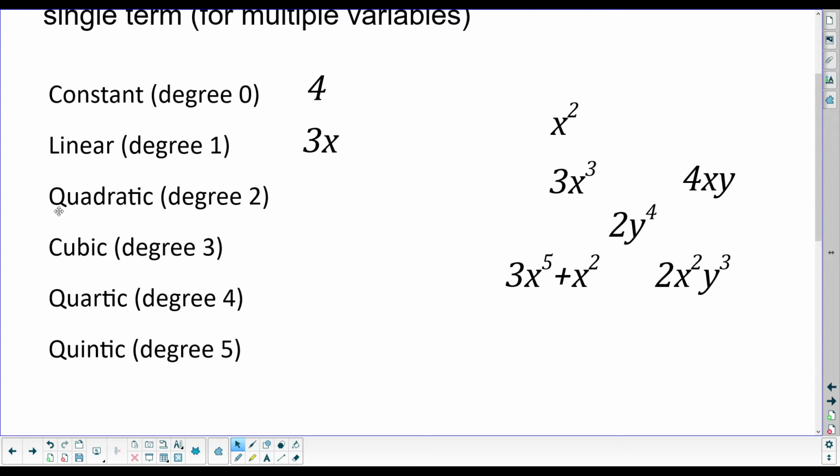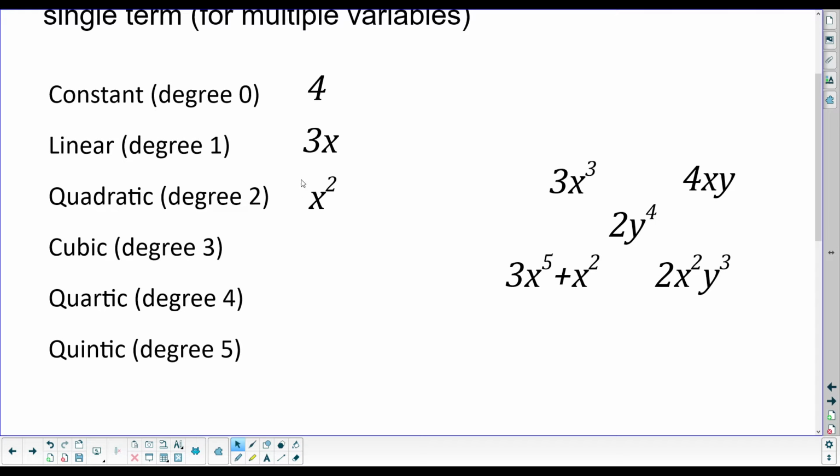Quadratic. Okay, and this is the one that confuses a lot of people because it has this prefix quad, which a lot of people interpret to be 4, which is correct. But what this really comes from, it's actually degree 2. So this is degree 2. And where this comes from is finding the area of a quadrilateral.